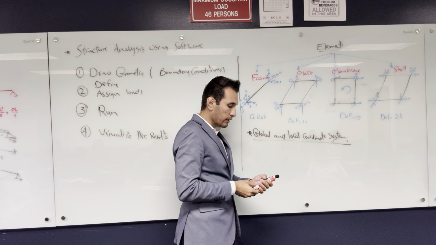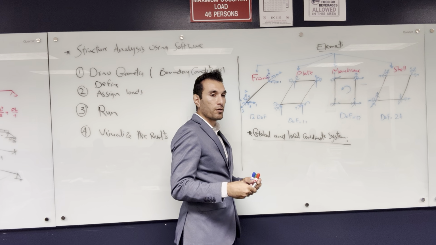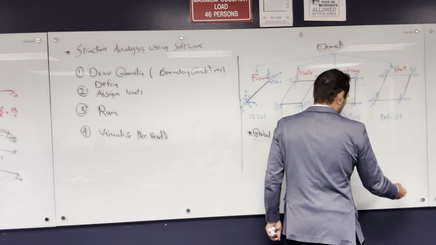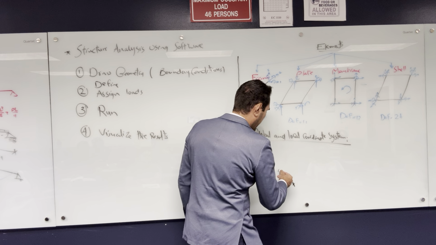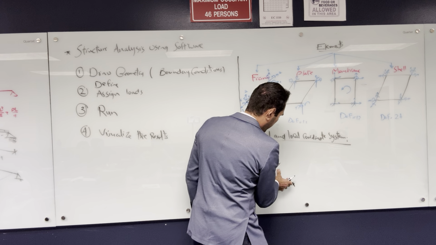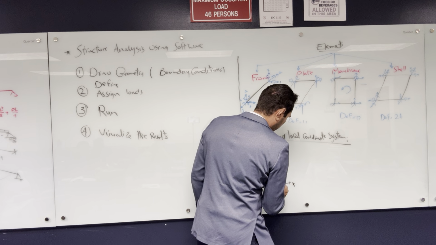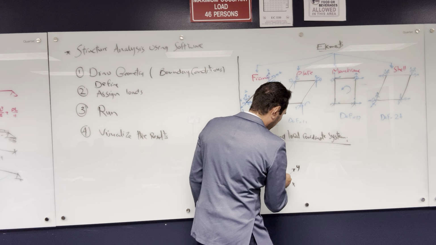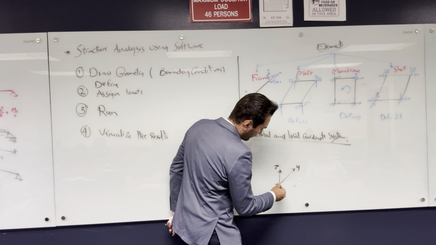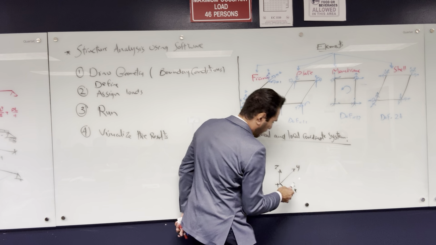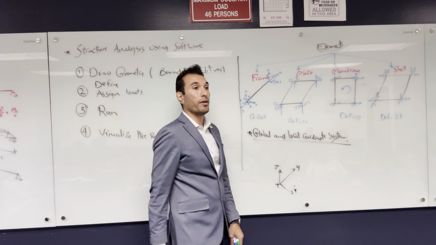Global coordinate system is 0, 0, 0, the XY coordinate. There's a point that is called origin, and this origin has X and has Y. So this is X, and Y is something like this. This is Y, and this is Z. So X, Y, and Z is going up, right?